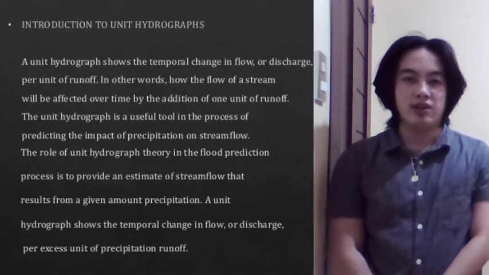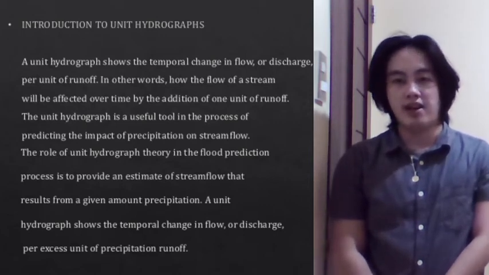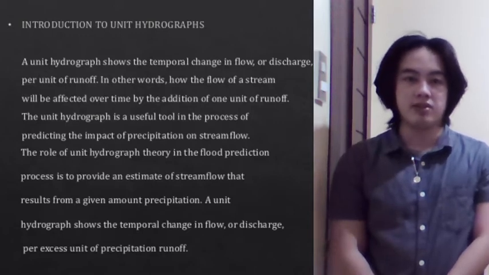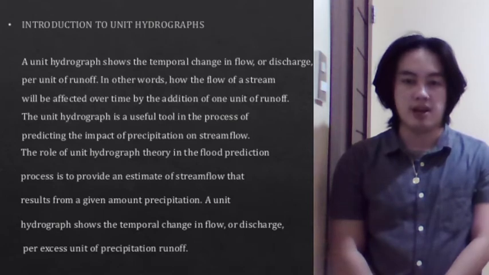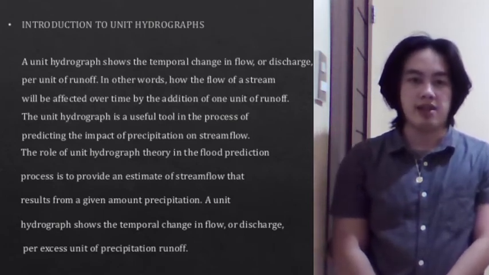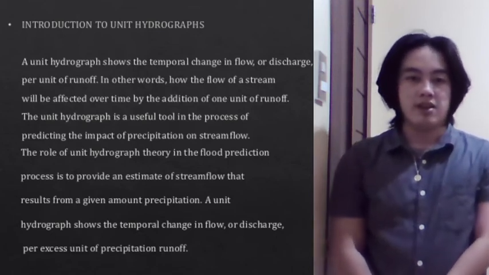The unit hydrograph is a useful tool to predict the impact of precipitation on the stream flow. Its role is to provide an estimate of the stream flow that results from a given amount of precipitation.